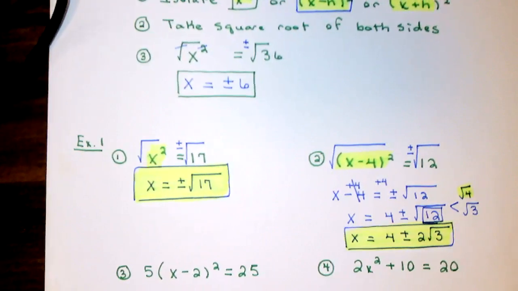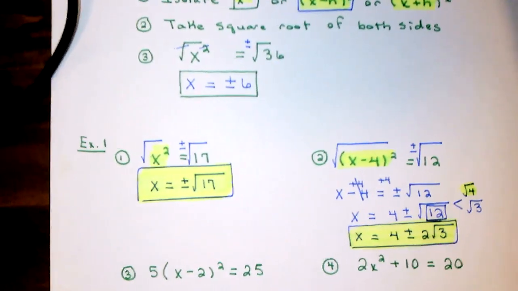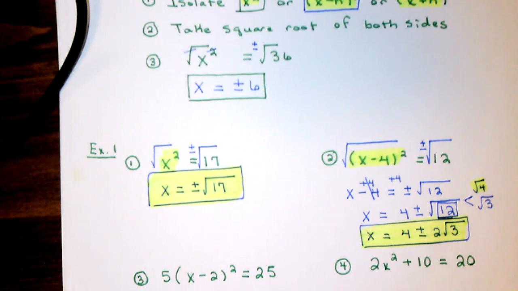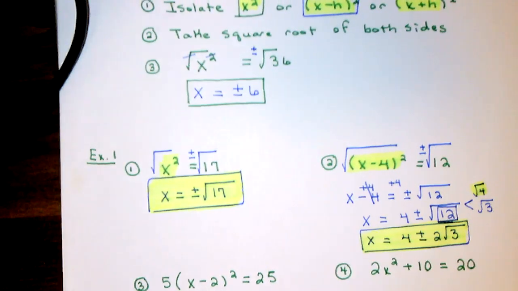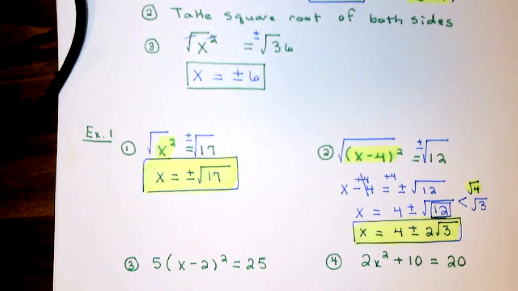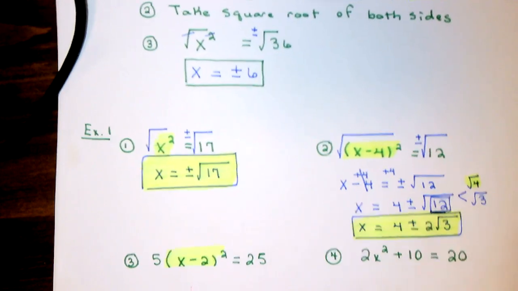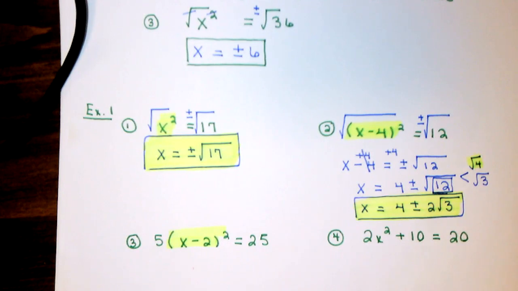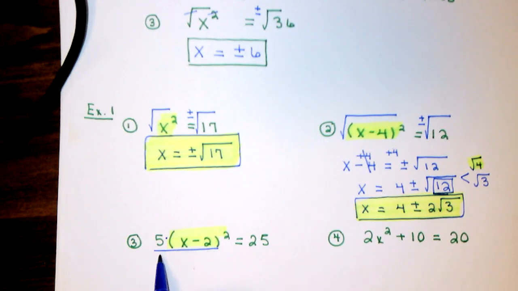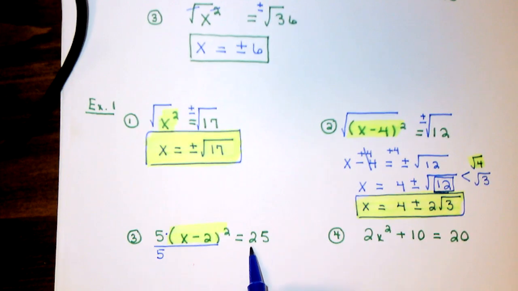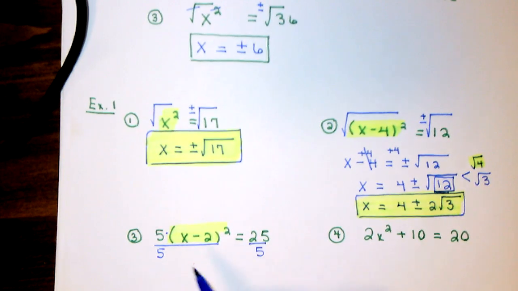Now, as we finish up with the square root property, you're going to see this time these are not isolated. So in this case, you can see that there is a 5 in front of that. So in order to get rid of multiply, we're going to need to divide, because you have to have that isolated first.